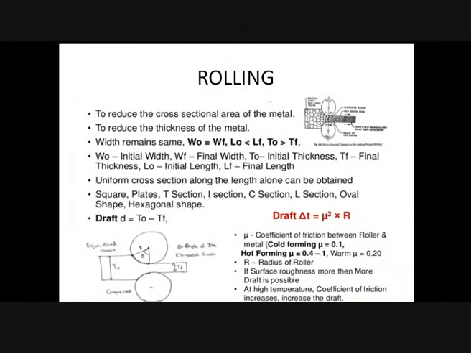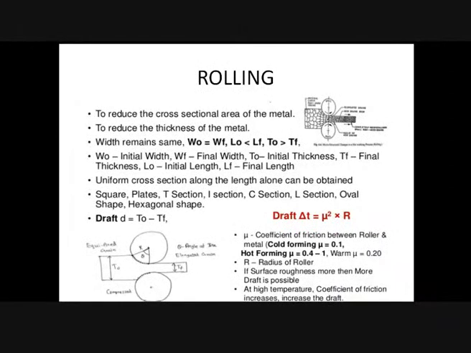Every metal undergoing the metal forming process is considered incompressible. Incompressible means the material can be compressed, but the volumetric change in the material is assumed to be zero. So volume before rolling equals volume after rolling.